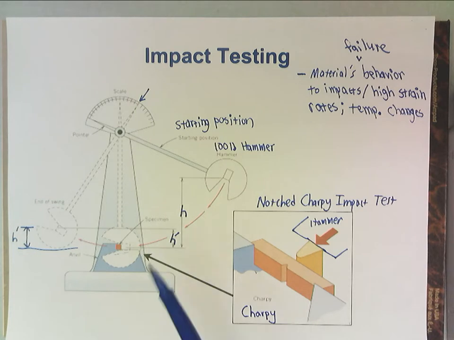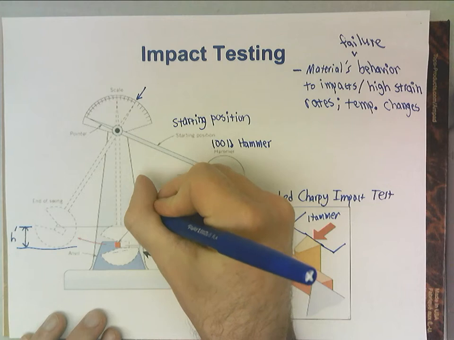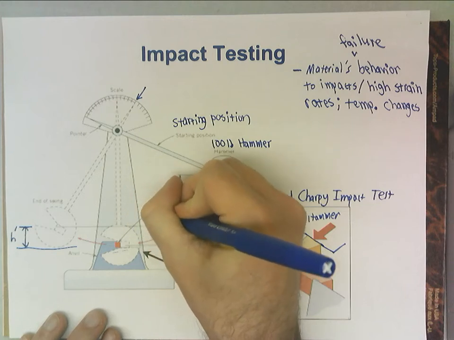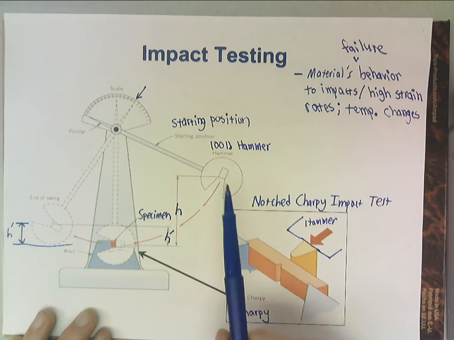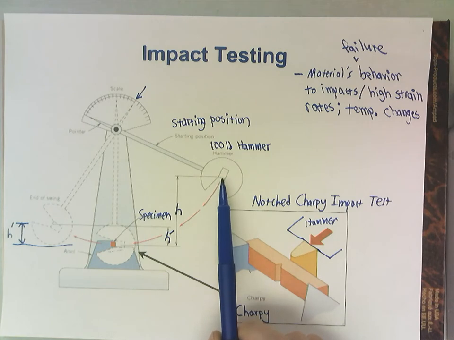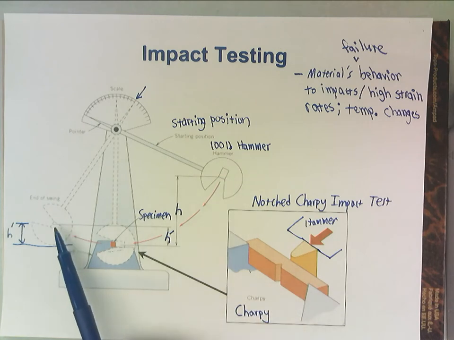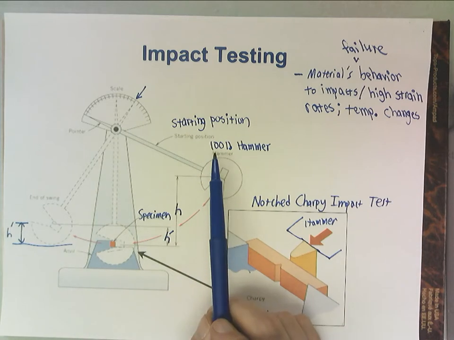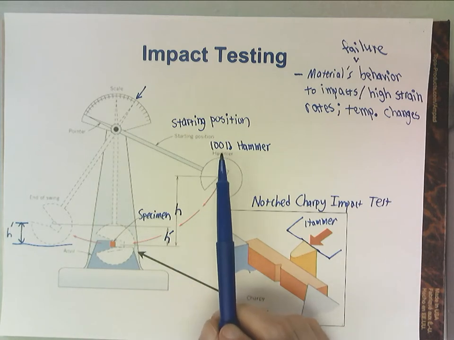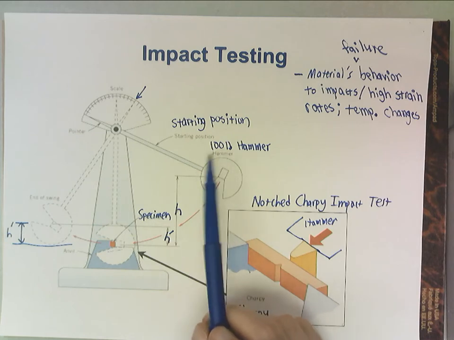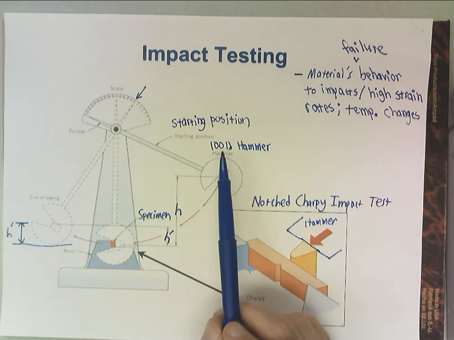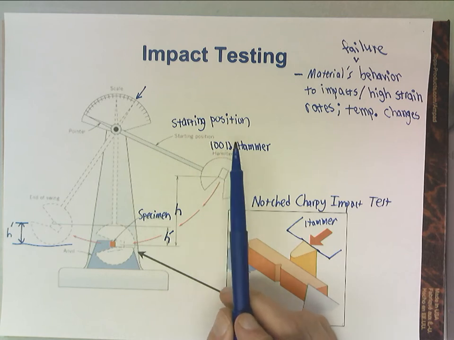Okay, so what are we really measuring to get an energy value? So we start at a specific height, we end on a specific height, that's all we're measuring. We know we've got 100 pounds force, assuming standard temperature, pressure, acceleration of gravity, all that can convert into a mass.